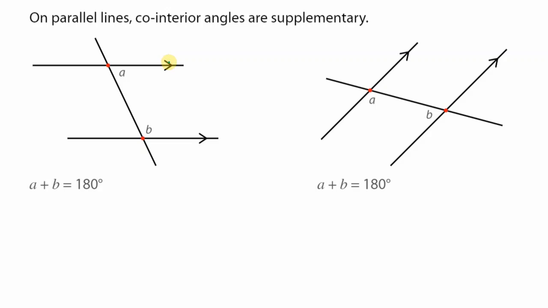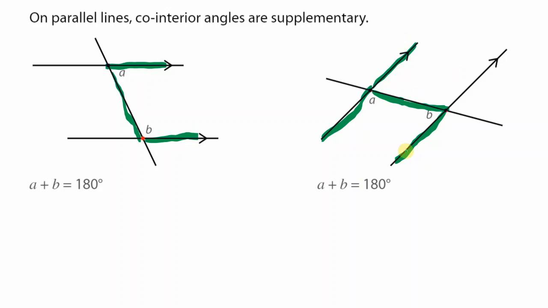Then finally we have our U shape, which we know is our co-interior ones. Here we have another one. Oops, it's actually this side. If we want to focus on A and B, we actually have this U shape and this U shape. They are both angles inside. They are both on the same side of the transversal. Here also, both on the same side of the transversal, both inside the lines.